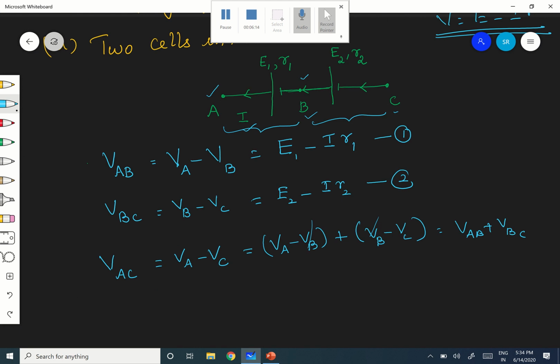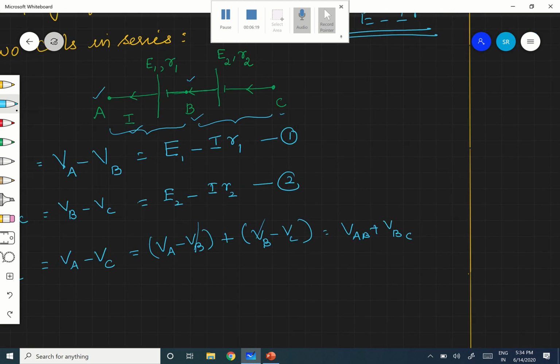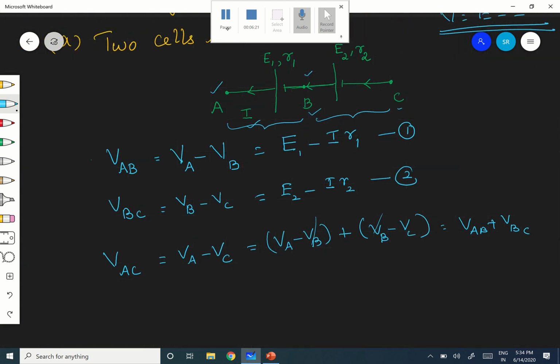Therefore, that is nothing but VAC. That is equal to E1 minus IR1 plus E2 minus IR2.